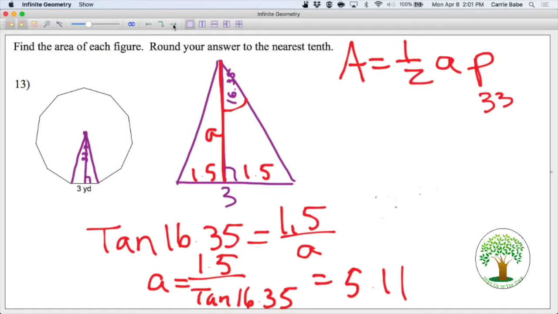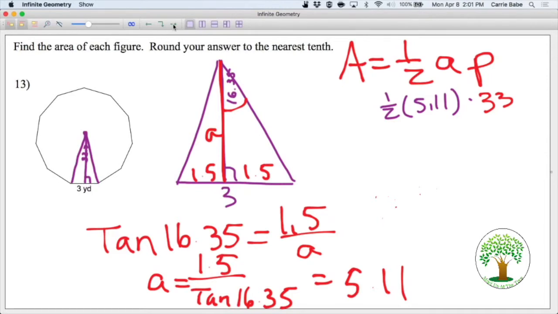So it's 1/2 times 5.11 times 33. So that 5.11 is the apothem up here. We have 1/2 times 5.11 times the 33. I got 7.7 when I rounded.